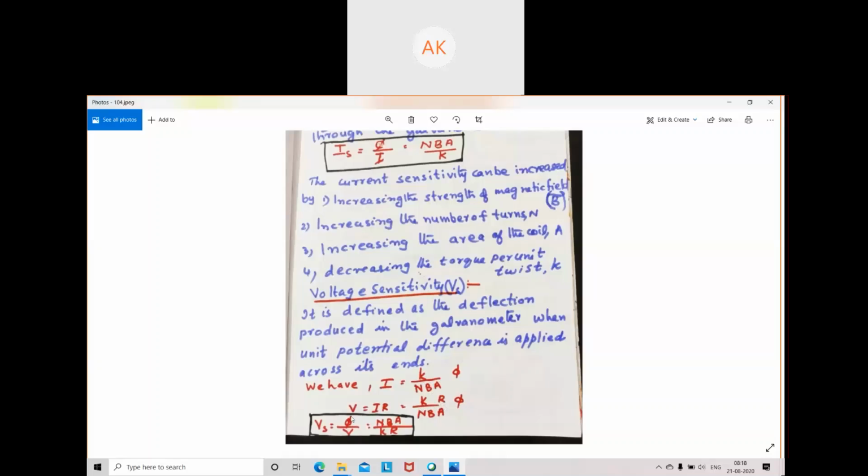So voltage sensitivity means deflection per voltage. This is voltage, and this is deflection. So deflection per voltage becomes NBA by KR. For current sensitivity it was NBA by K, so for voltage it becomes NBA by KR.